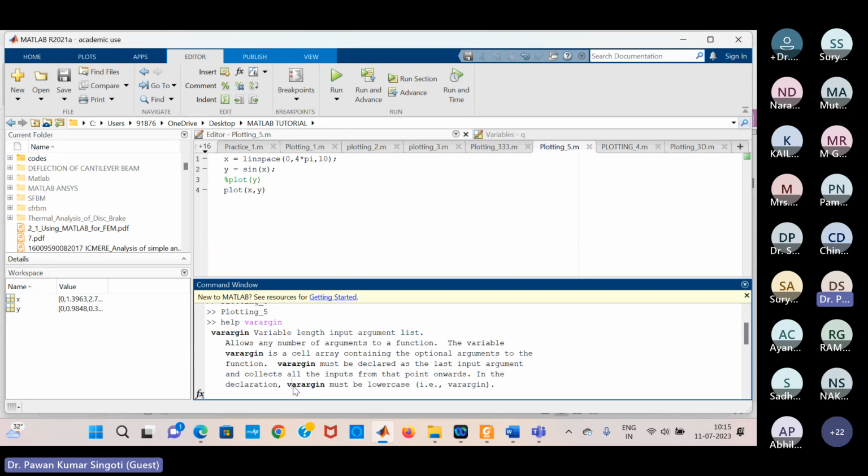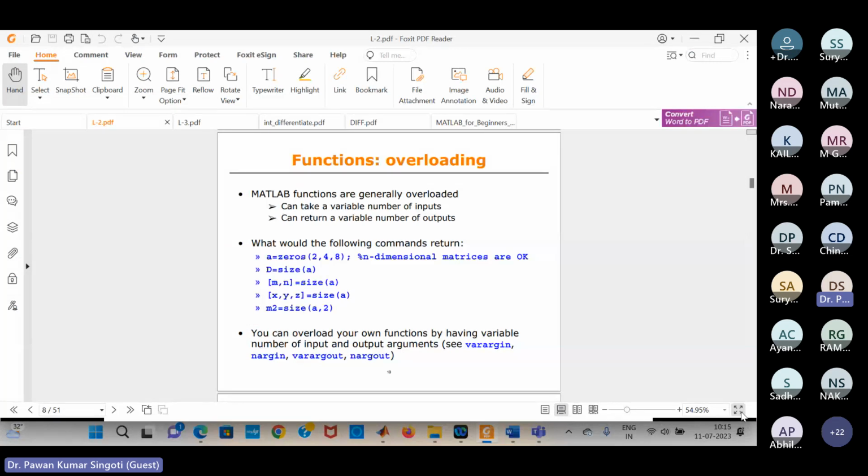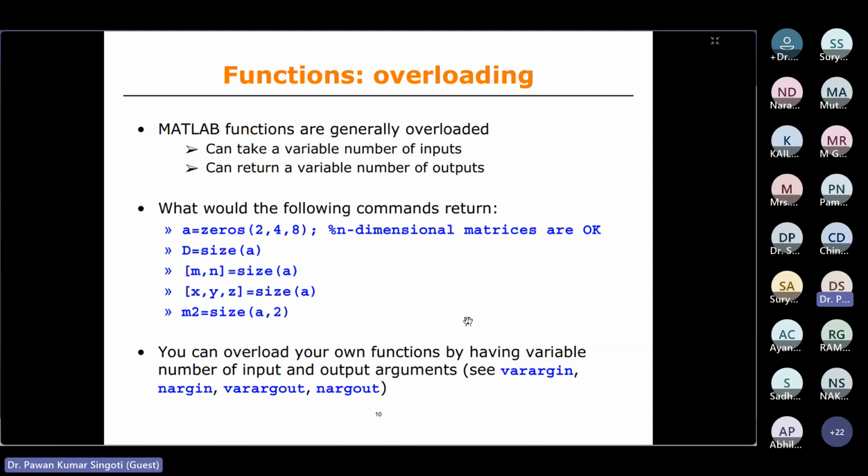If any letter is capital, it will not show; it will say it is not available in the MATLAB library. So for all the input and output arguments, you can check.